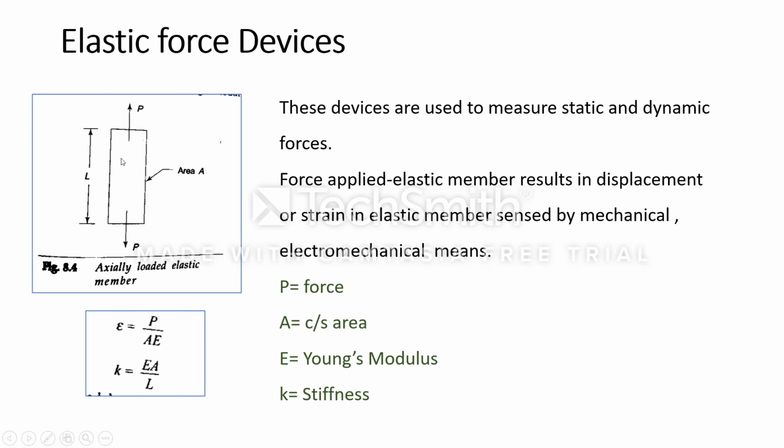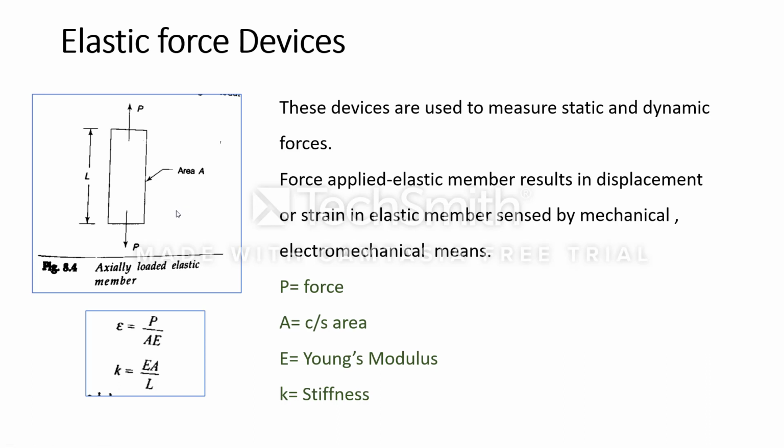As I mentioned, the force or pressure applied from both sides or only a single side results in the displacement, or the strain in the elastic member sensed by mechanical or electromechanical means. In this case, you can consider P as a force. P is nothing but the force, A is the cross section area of the bar, E is the Young's modulus, and K is the stiffness.